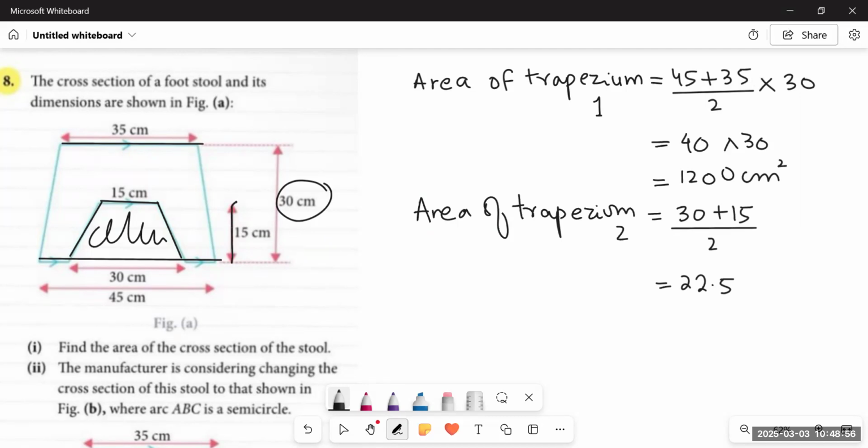You can see that the height from top to bottom of the smaller trapezium is given as 15 centimeters. So we'll just have to multiply it by 15, which would be 337.5.